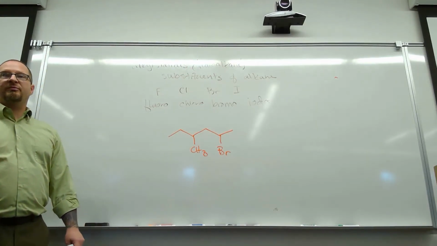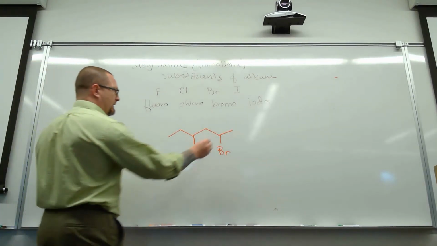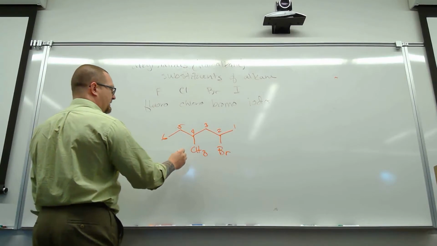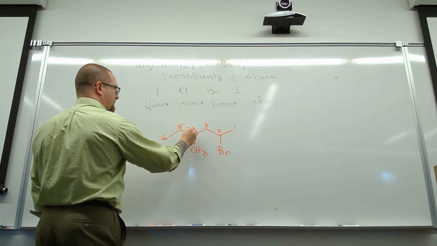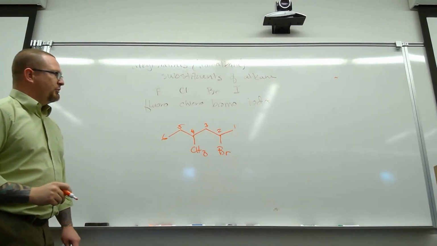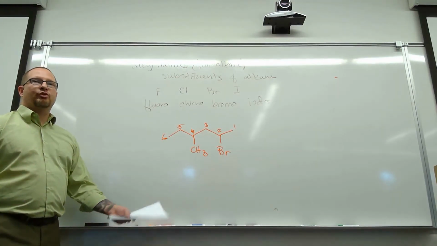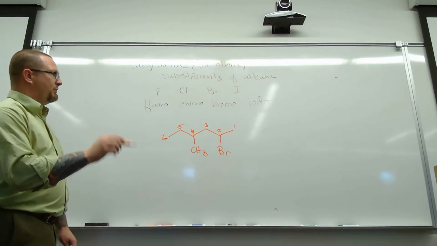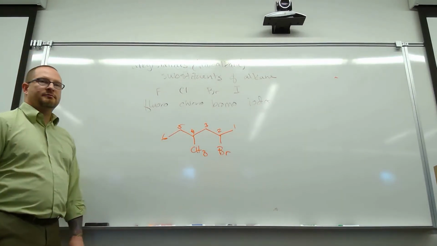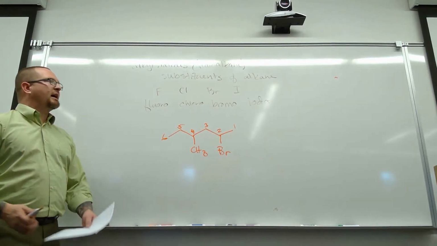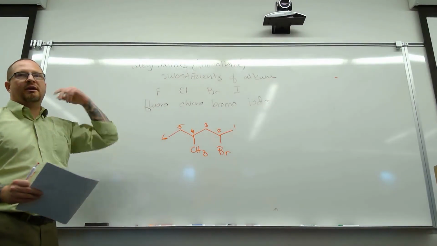Right side, because the substituent is closest to that end of the chain. So 1, 2, 3, 4, 5, 6. So this is going to be 2 bromo and a 4 methyl. Which one comes first? Bromo, because of alphabetical order. So this is going to be 2 bromo, 4 methyl hexane. Not bad. It's exactly like the other ones, except that we added a couple of new substituents that aren't alkanes to the party.